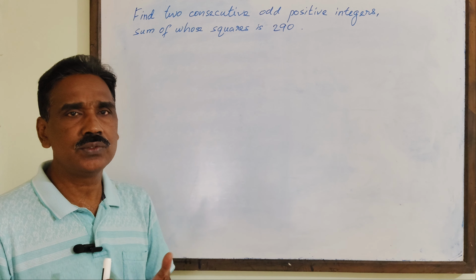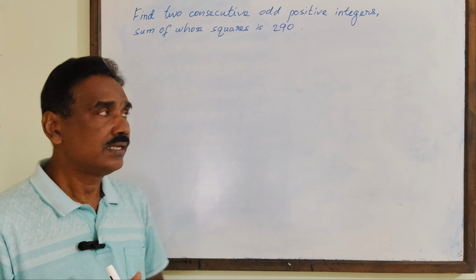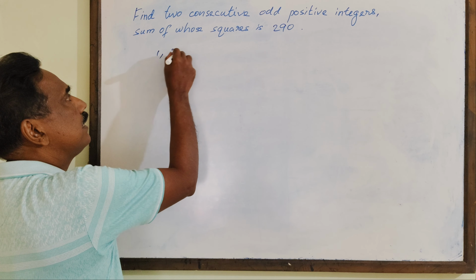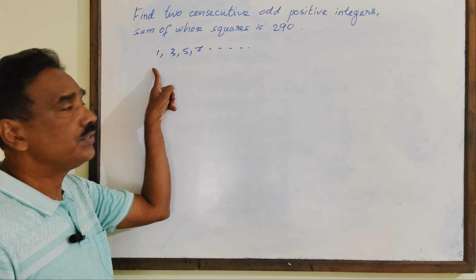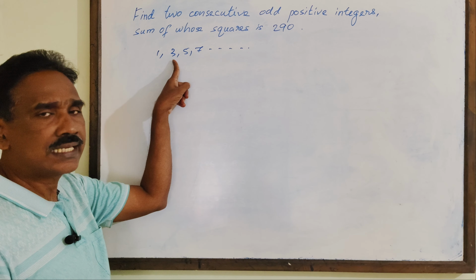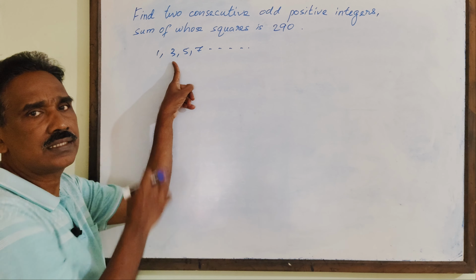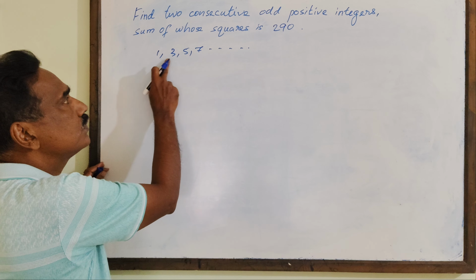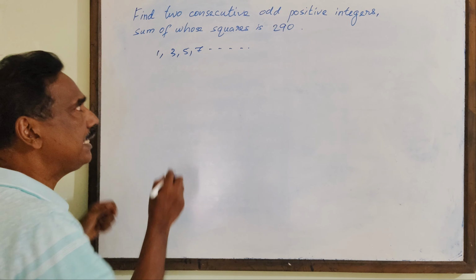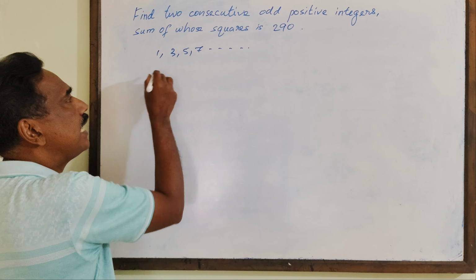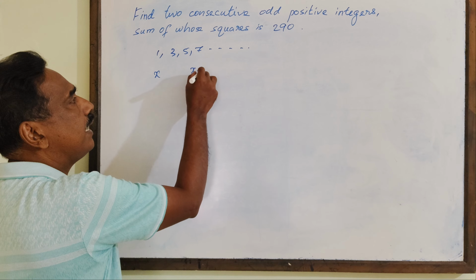Odd positive integers, as you know, are like 1, 3, 5, 7, etc. Here if you check, the second positive integer will be 2 more than the first. The third will be 2 more than the second. See, 1 plus 2 is equal to 3, 3 plus 2 is equal to 5, 5 plus 2 is equal to 7. That means if you assume x as the first odd integer, then the second odd integer will be x plus 2.